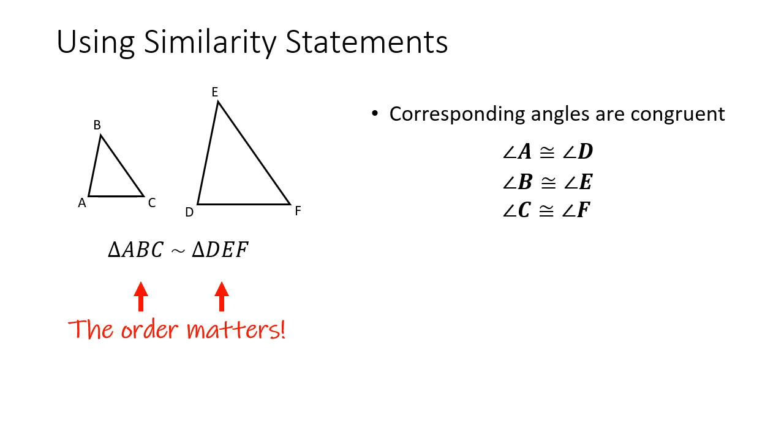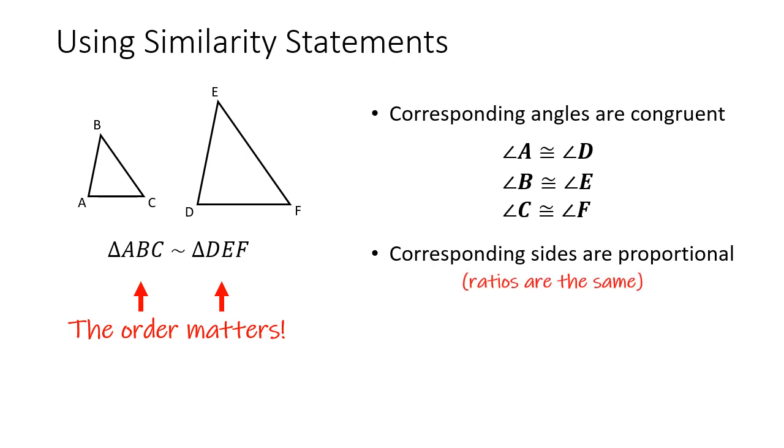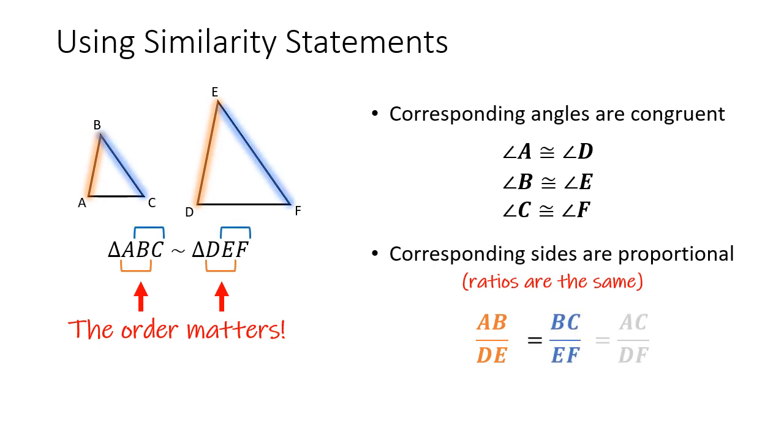And just like what we did with the congruency statements, we can put any two letters together to represent sides, at least in these triangles. So we could look at the first two letters, AB and DE, of those respective triangles. Those sides correspond to each other. BC and EF correspond to each other. And then the last sides, AC and DF, correspond to each other.